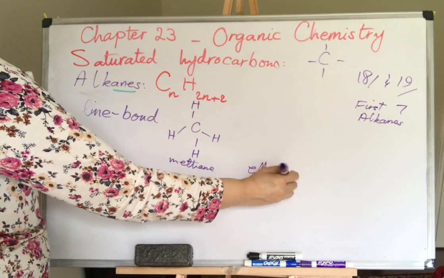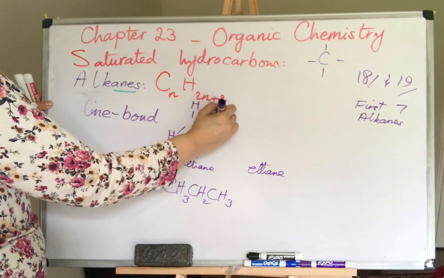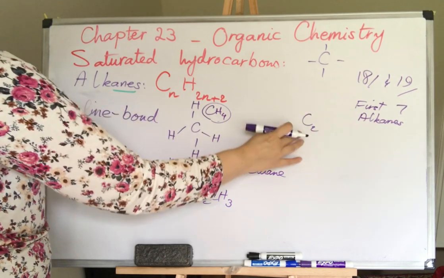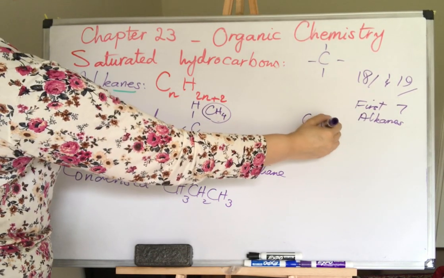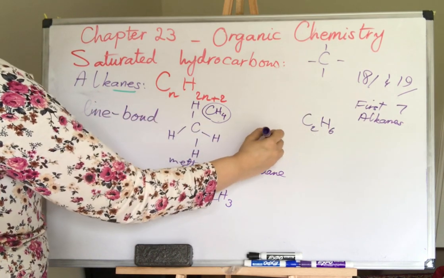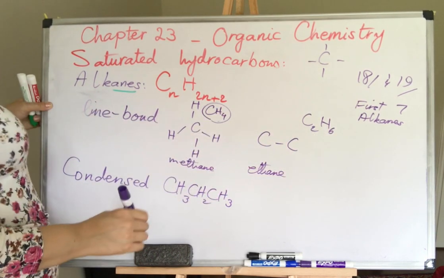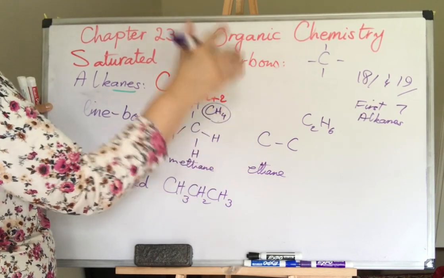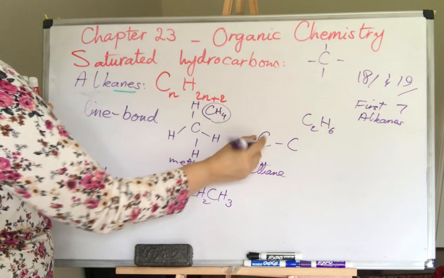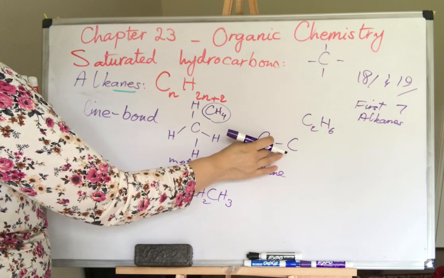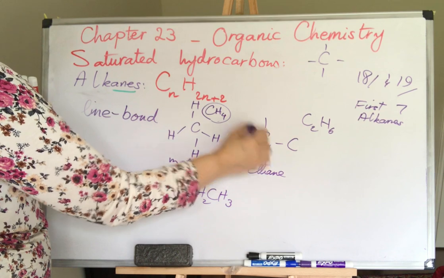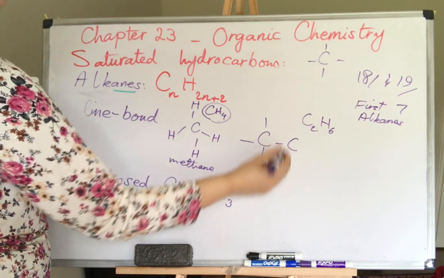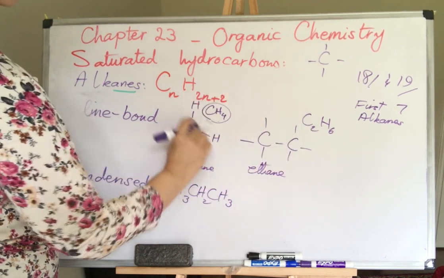Ethane, you said what? If methane was CH4, then ethane had 2 carbons, right? 2 times 2 plus 2 is 6. So you have 2 carbons first, you connect them to each other. And what should you do for each carbon? You must have a complete octet, or 4 bonds around each carbon. You already have 1 on each carbon, so you need 3 more on this carbon to make 4 bonds complete, and then 3 more on the other carbon.